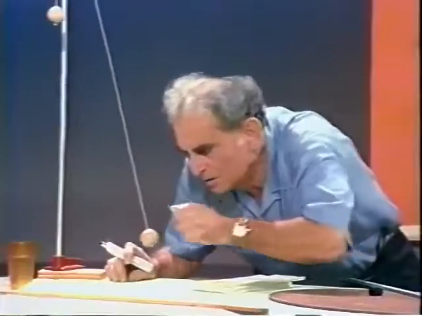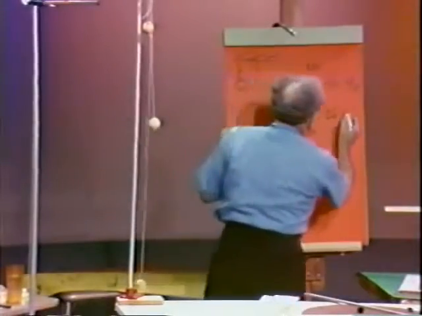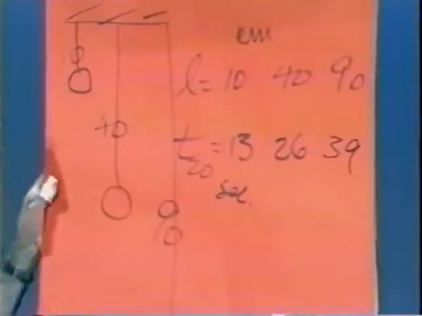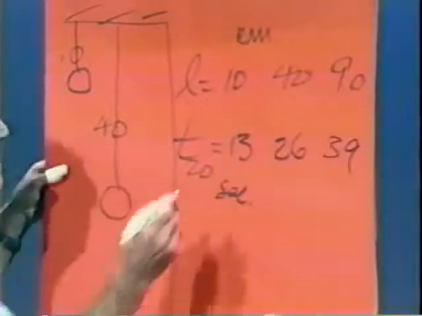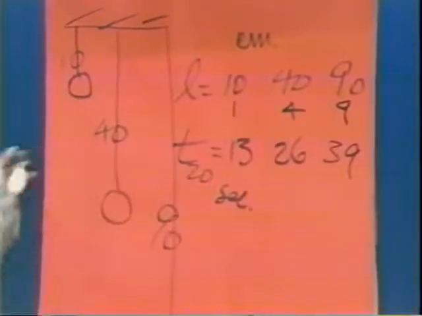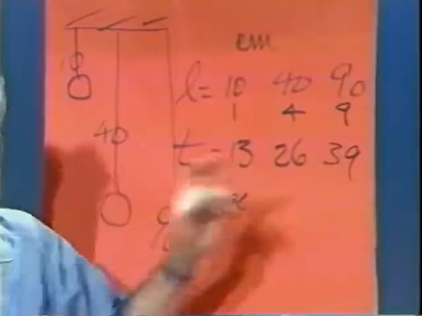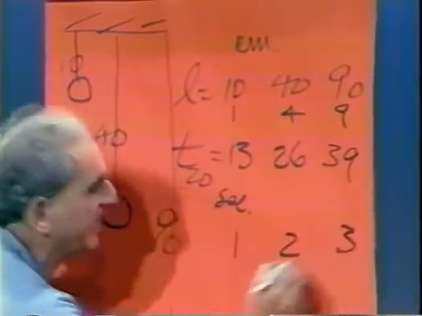So I count. I count 20 oscillations, and lo and behold, I get 39 seconds. Look, 10, 40, 90. They are in the ratio of 1 to 4 to 9. 13, 26, 39. They are in the ratio of 1 to 2 to 3.